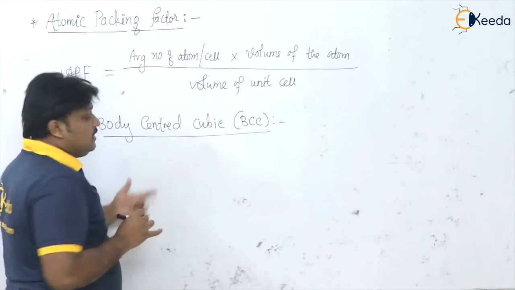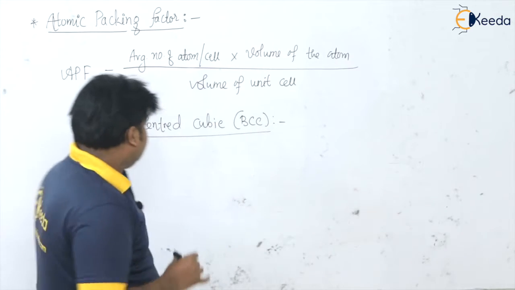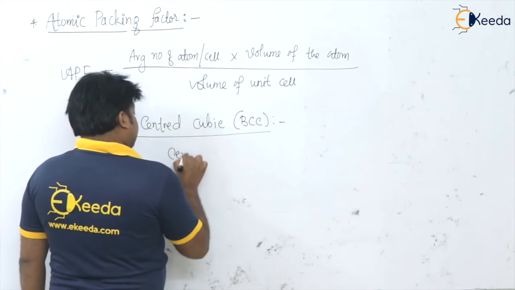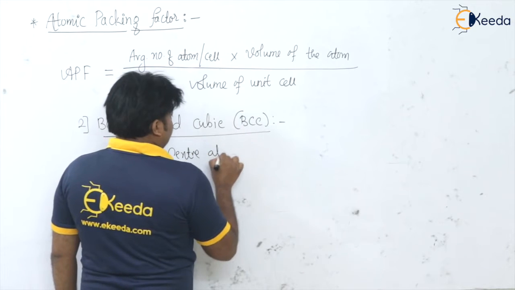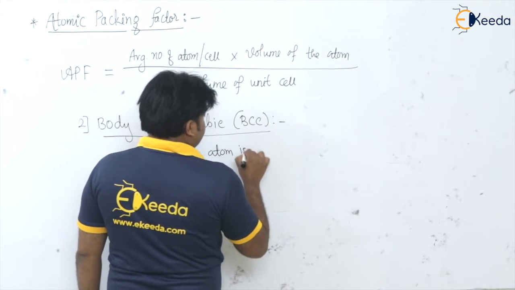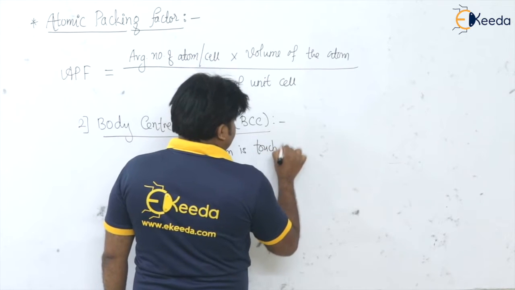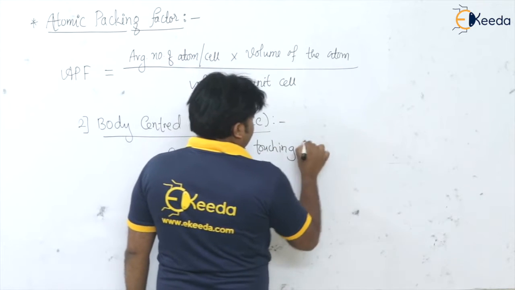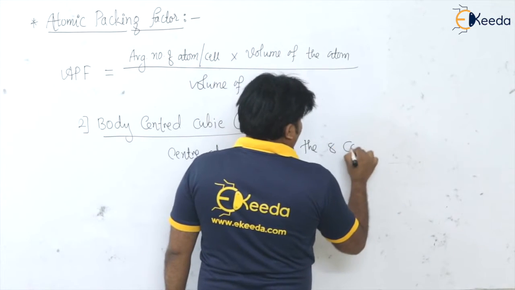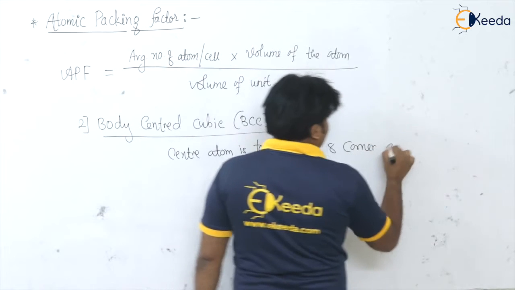So in body centered cubic structure, here the center atom, the center or interior atom is touching the 8 corner atoms. Please remember, corner atoms.